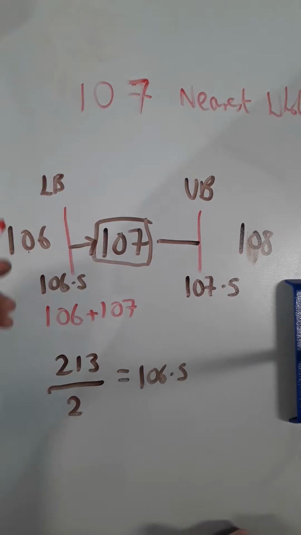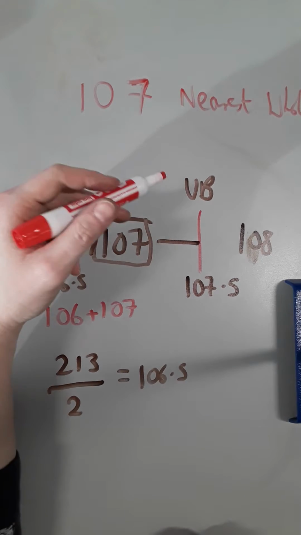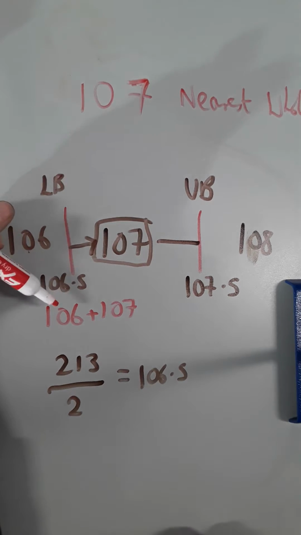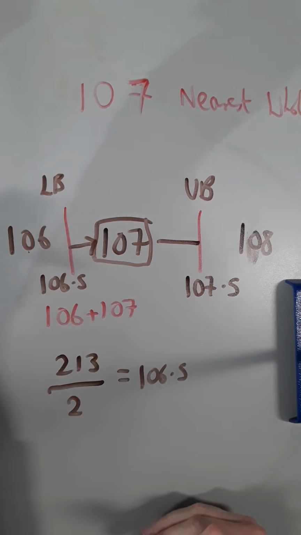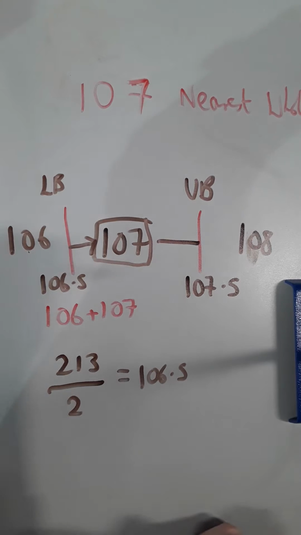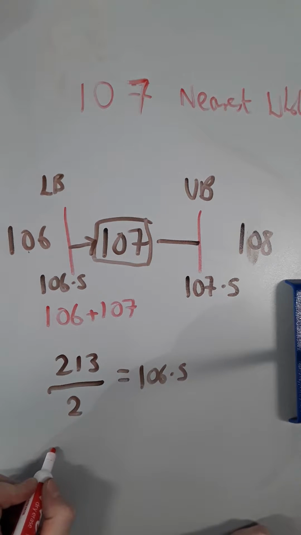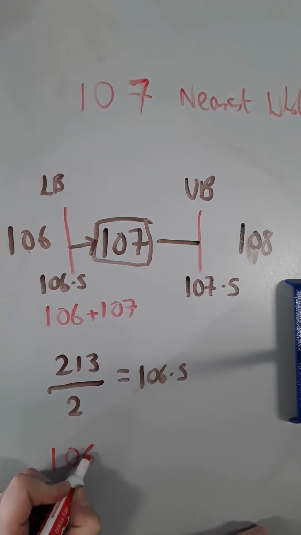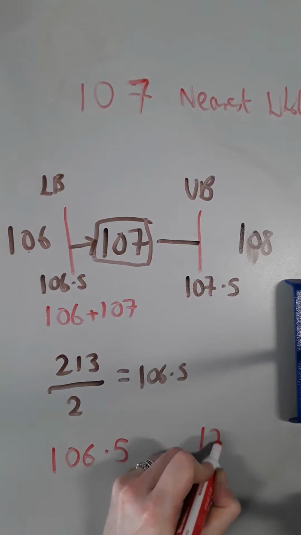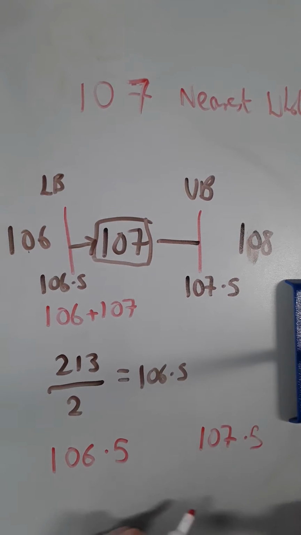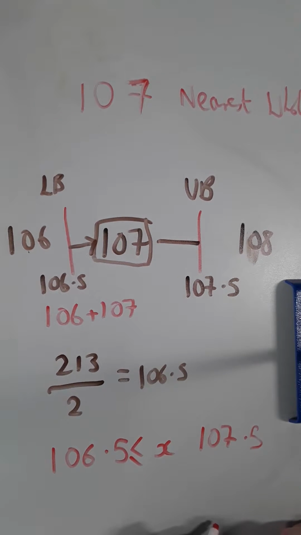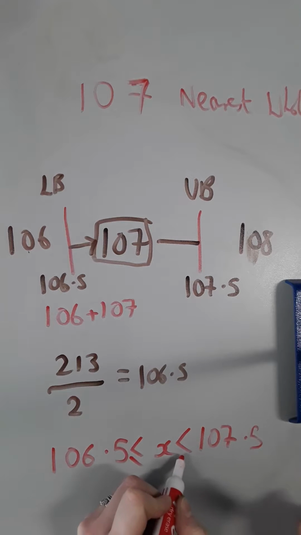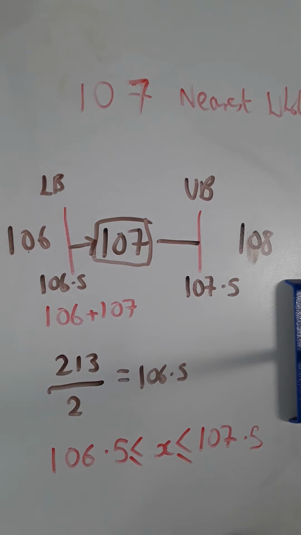So if they just ask you for a lower bound or an upper bound, you can just state the number. How you'd write this as an error interval would be using inequality signs. So for instance, if we have 106.5 to 107.5, our number that we work with has to be greater than or equal to 106.5, or less than or equal to 107.5.